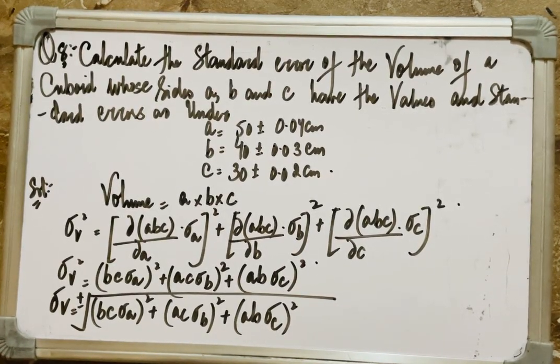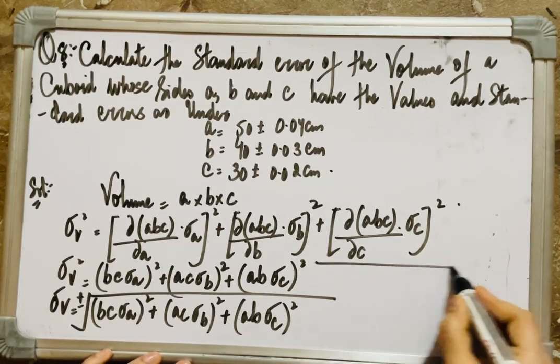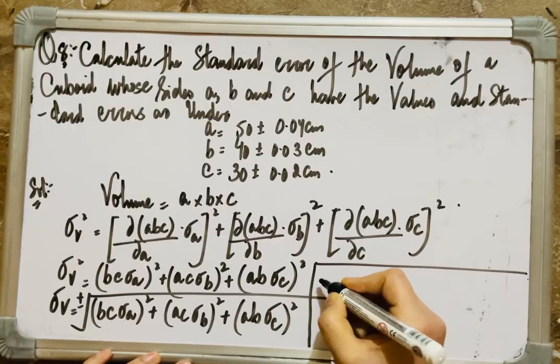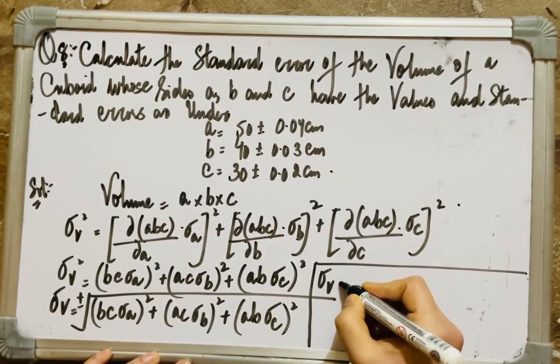All right, so this is the general expression. I write it over here. So sigma V is how much?